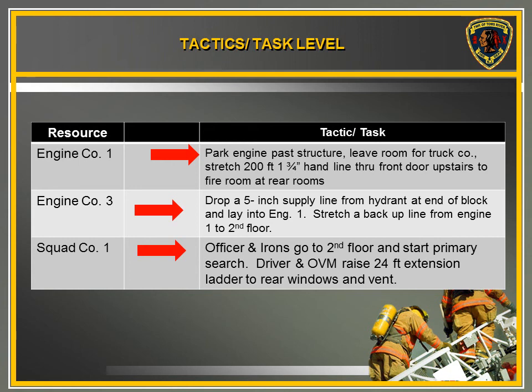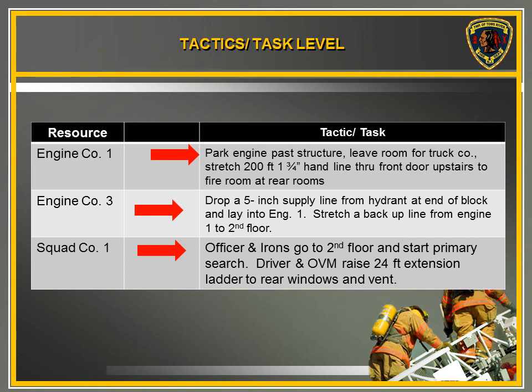So that would be a tactic. Engine Company 3, the company officer, his tactic is going to be drop a 5-inch supply line from a hydrant at the end of the block and lay into Engine 1. Then have his crew stretch a backup line from Engine 1 to the second floor.